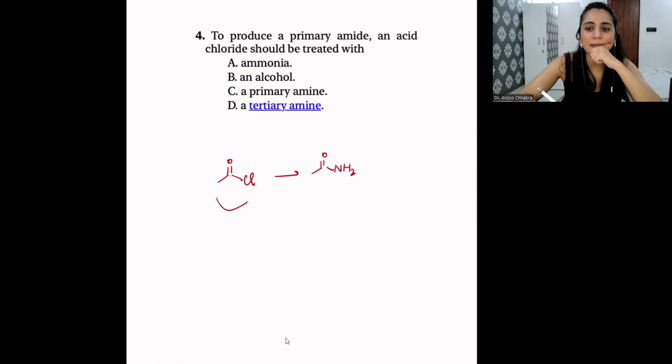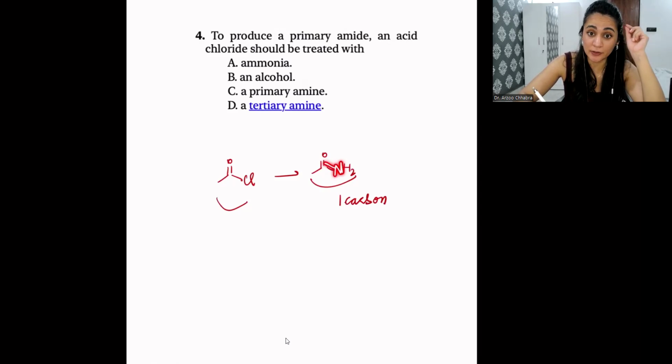A primary amide is an amide which is connected to 1 carbon. So a nitrogen over here is connected to 1 carbon, which is the primary amide. And so we already have 1 carbon connectivity. So all we actually need for this reaction is just ammonia, right?